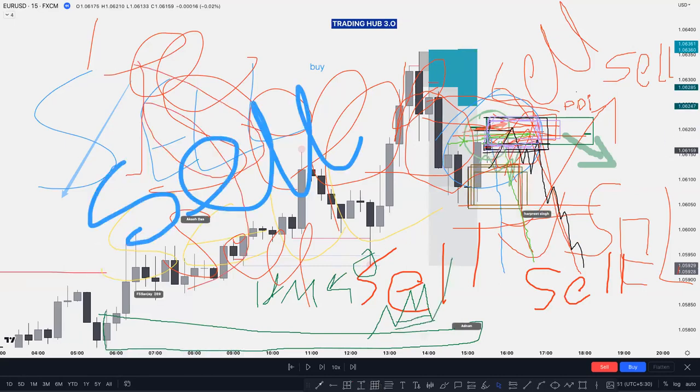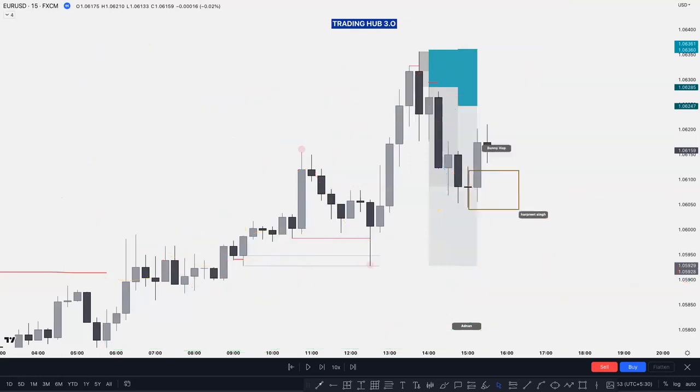Sell. Okay, nice. Yes, perfect. Sell is much higher probability compared to the buy.